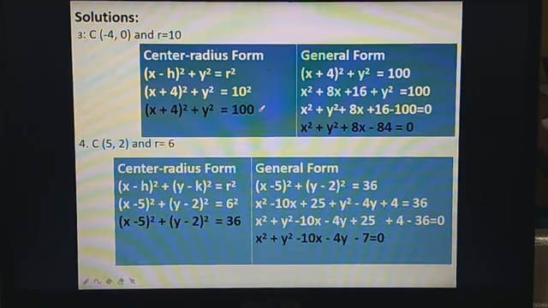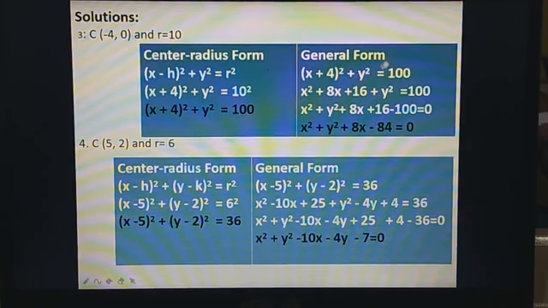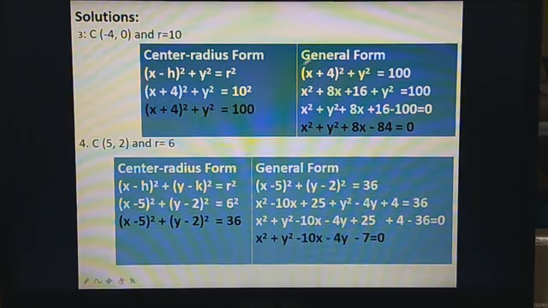Then copy this center radius form so that we can rewrite the equation in general form. So we have the quantity of x plus 4 squared plus y squared is equal to 100. So here what we are going to expand is this quantity of x plus 4 squared.